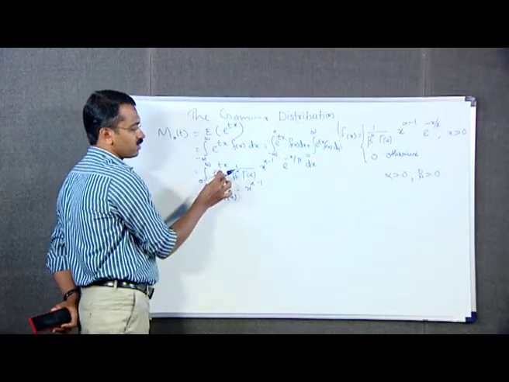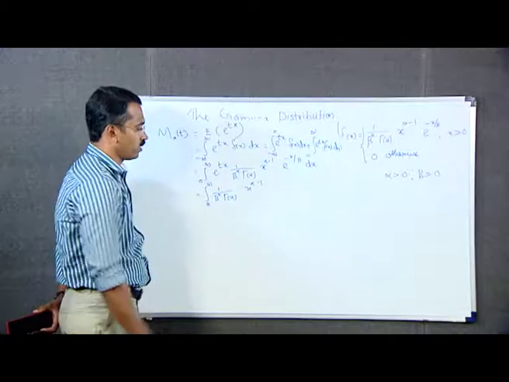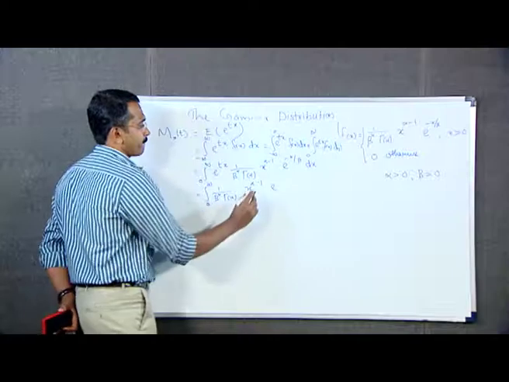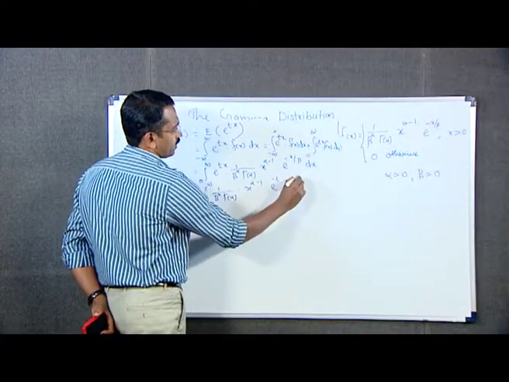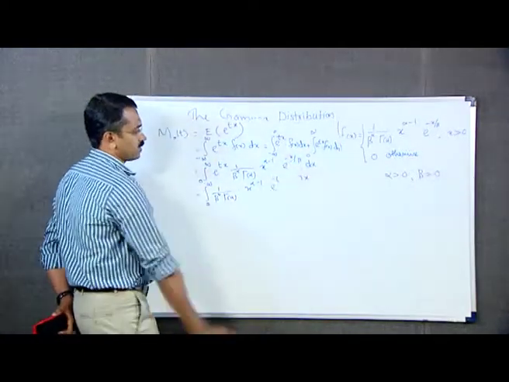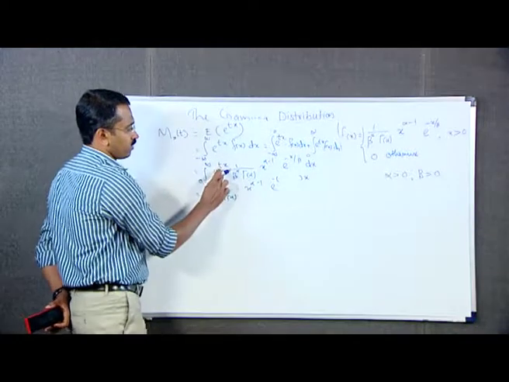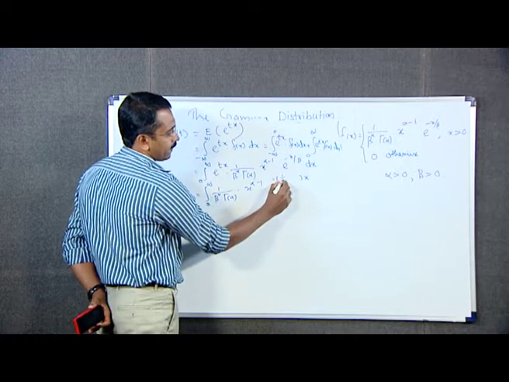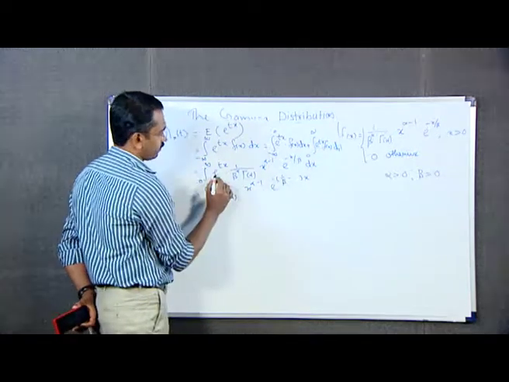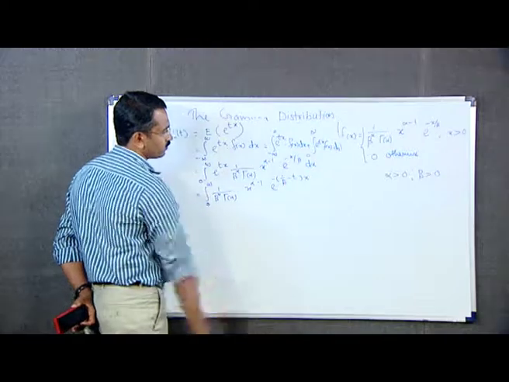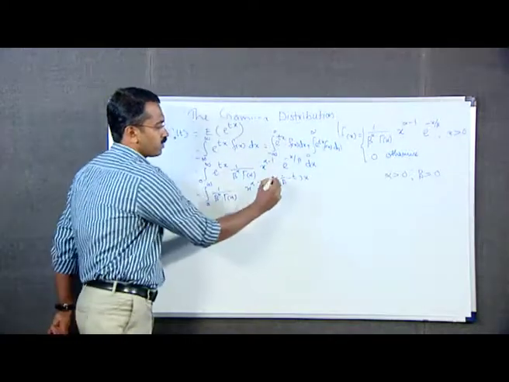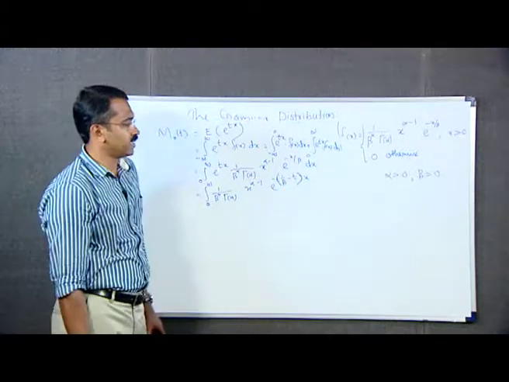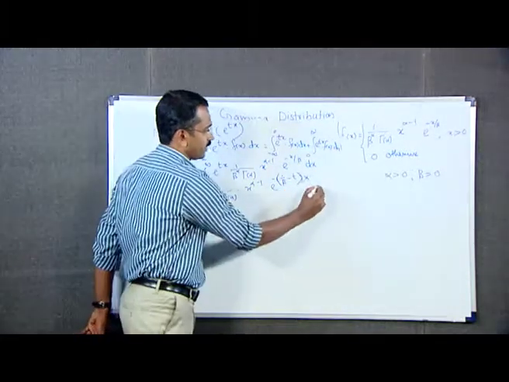We combine these two, that is into e raised to minus x, taken outside. The remaining terms are 1 by beta minus t, that is e power minus 1 by beta minus t into x dx.